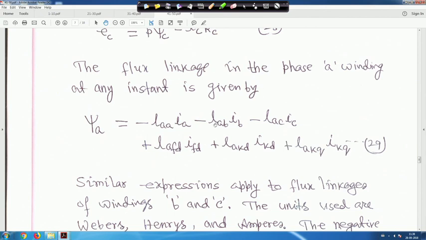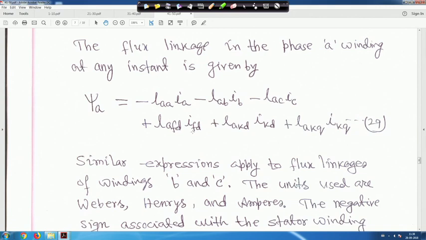Just imagine that figure 9. So psi a will be minus LA IA, then the mutual terms minus LAB IB and minus LAC IC. Look at the direction of flux linkage and the direction of current; current leaving the terminal is the positive convention for a generator. Only this part is very easy actually, to write those equations.